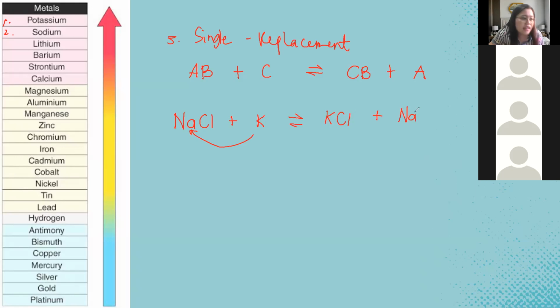Magpapalit sila ng pwesto. Again, sodium chloride plus potassium, this is a possible reaction because potassium is more reactive than sodium. Thus, mangyayari yung replacement, you will have now the potassium chloride plus sodium. Okay? Questions about this one? Any question about this part?